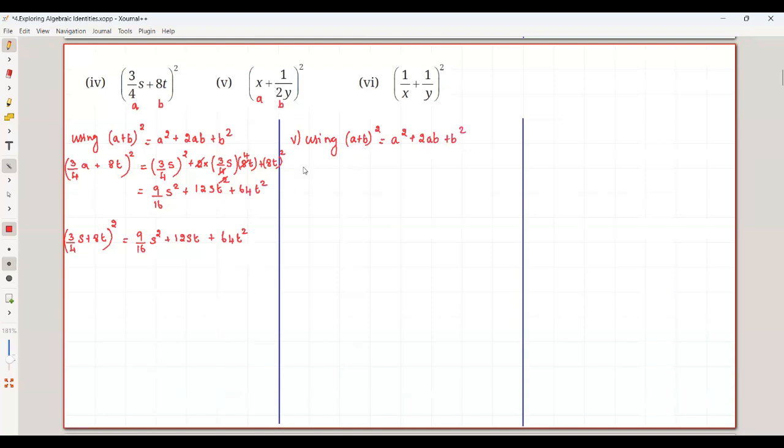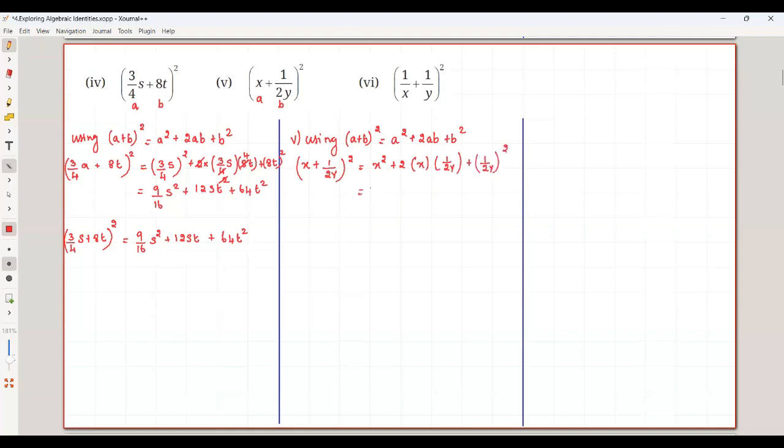So using the formula, x plus 1 by 2y the whole square is equal to A square, that is x square, plus 2 into the A value x into the B value 1 by 2y, plus B square, 1 by 2y the whole square.